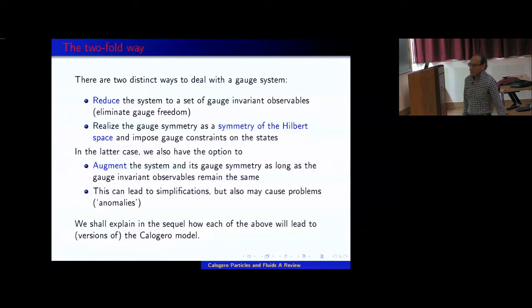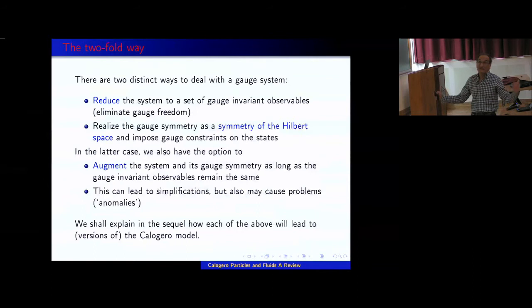So when you quantize such systems, you can do it in two ways. You either reduce the system to a set of gauge-invariant observables, that means you eliminate the gauge freedom, or when that's not possible or not desirable for some reason, you realize the gauge symmetry as a symmetry in the Hilbert space.